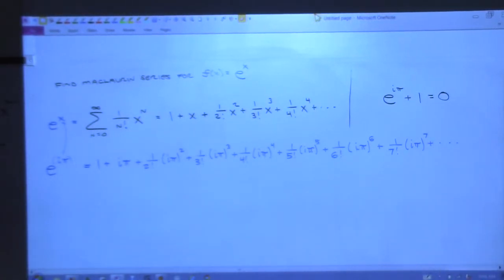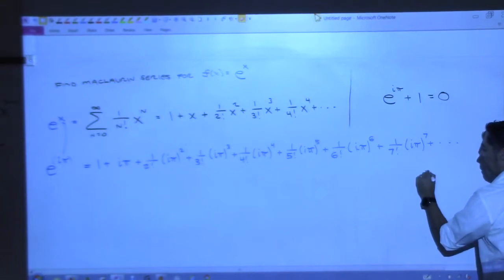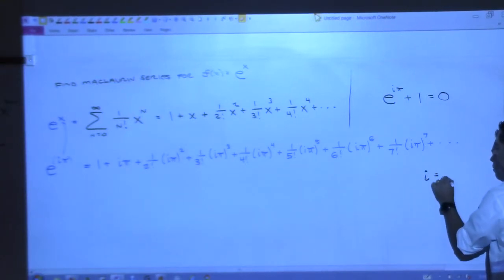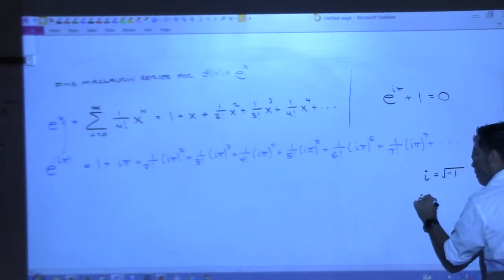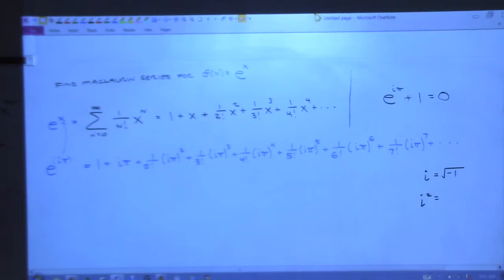All right. Now, before I proceed, let's just be clear on what i is. Do you all agree that i, by definition, is the square root of -1? That's the definition of i. Now, by that definition, what is i squared? i squared should be -1. If you square that square root, you get what's underneath.